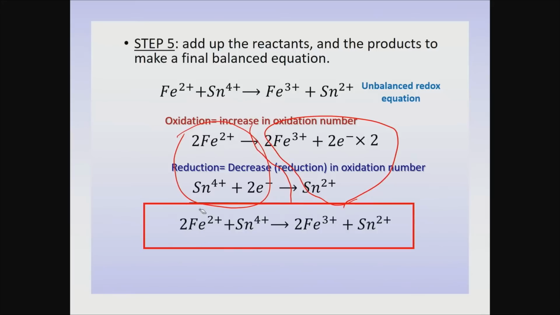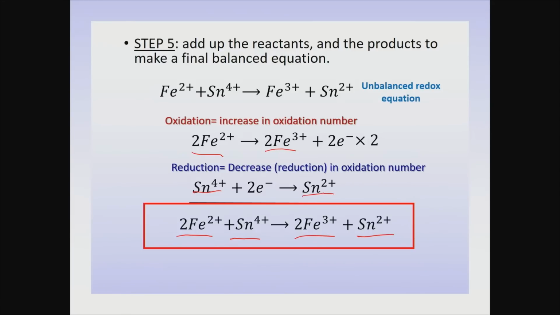This is the final reaction. Let me just erase all this stuff here. Look at the final reaction. On the reactant side, we have 2 Fe2+ and Sn4+, and that's what we got from adding the 2 Fe2+ and the Sn4+. Then on the product side, we have 2 Fe3+ and Sn2+, and we got those by adding 2 Fe3+ here and Sn2+.